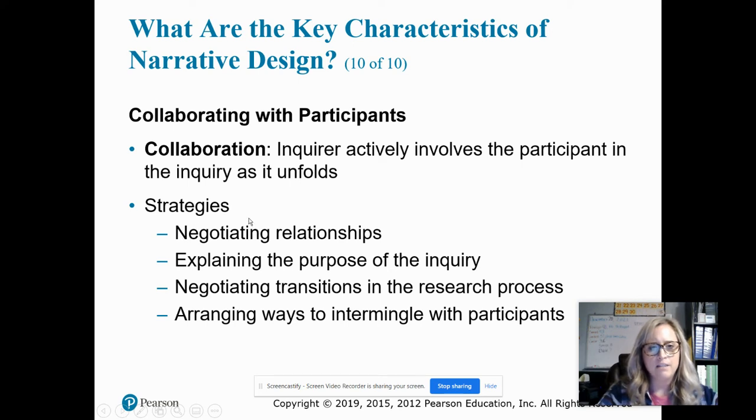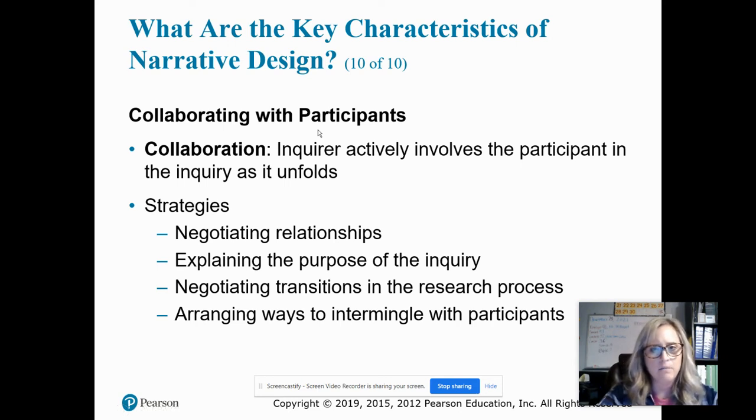And so here's just different strategies that it talks about. So like when you're negotiating relationships, you're going to lessen the potential gap between the narrative told and the narrative reported when you're doing that. And when you're explaining the purpose of the inquiry to the participants, that's going to help them understand why are you asking me these questions? Why are we here?